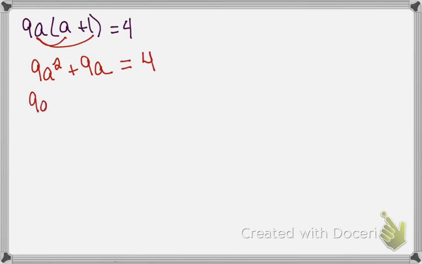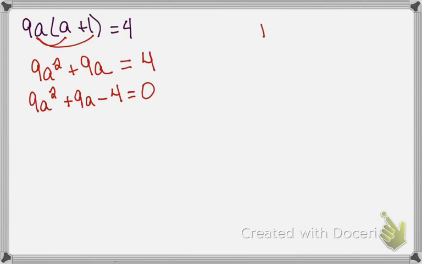So I have 9a squared plus 9a minus 4 equals 0. Now, do I have it set equal to 0? Do I have it in standard form?